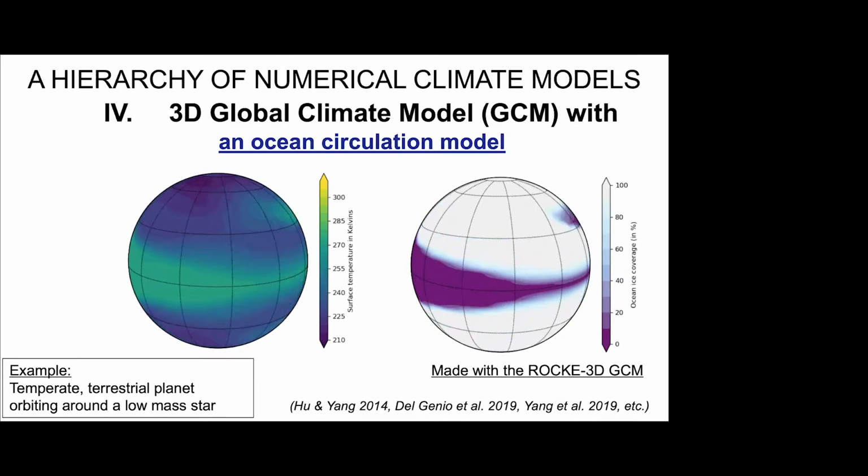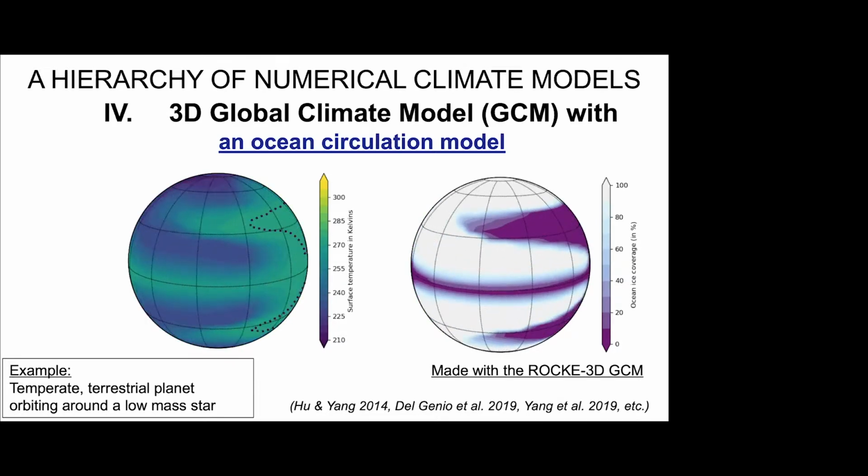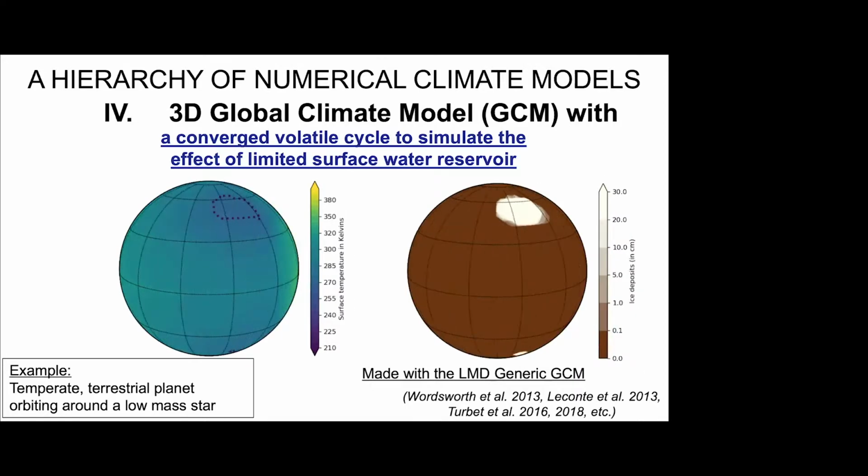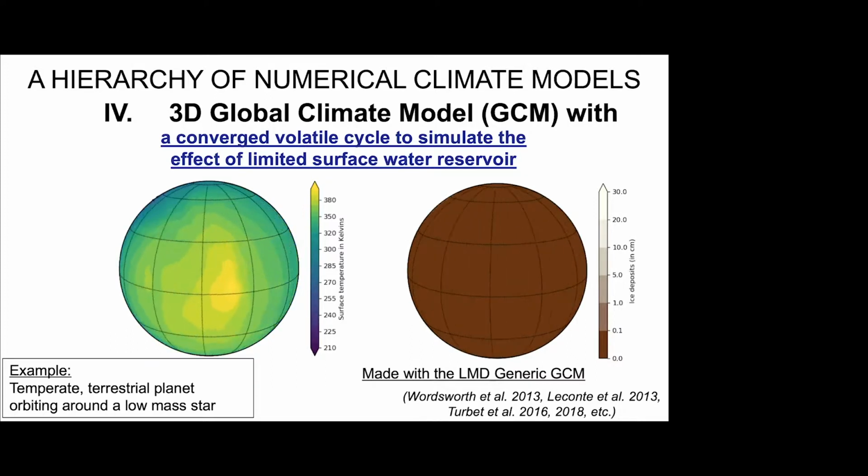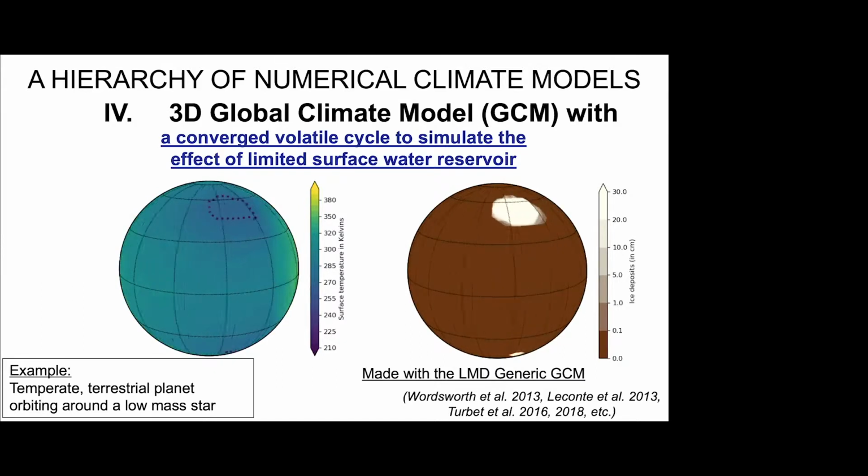The second kind of possible extension to this global climate model is what I call the global climate model with a converged volatile cycle, to simulate planets that are volatile limited or water limited. In reality, if you have a planet that has a very low amount of water or a very low amount of condensable species, you won't expect it to be covered exactly the same over the planet.